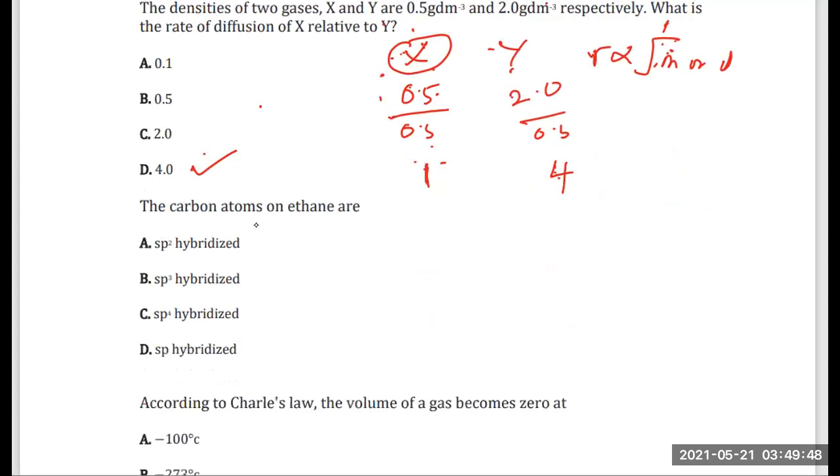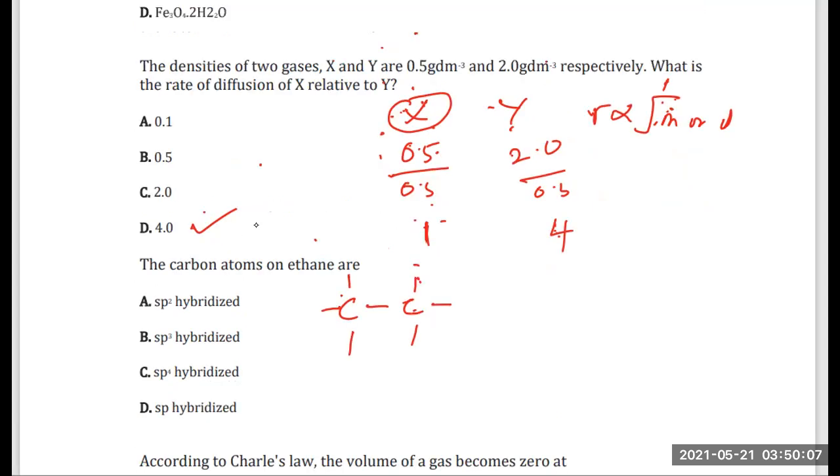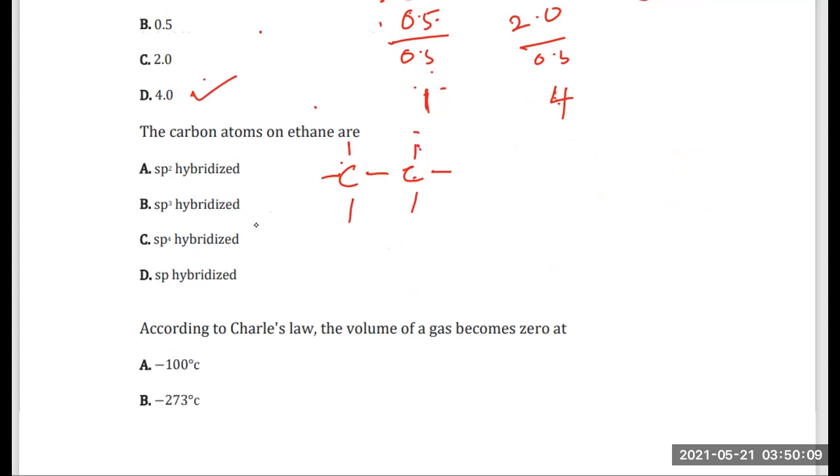The carbon atoms in ethane are what? So let's look at what ethane is. It maintains tetravalency. So let's look at the excited state of carbon.